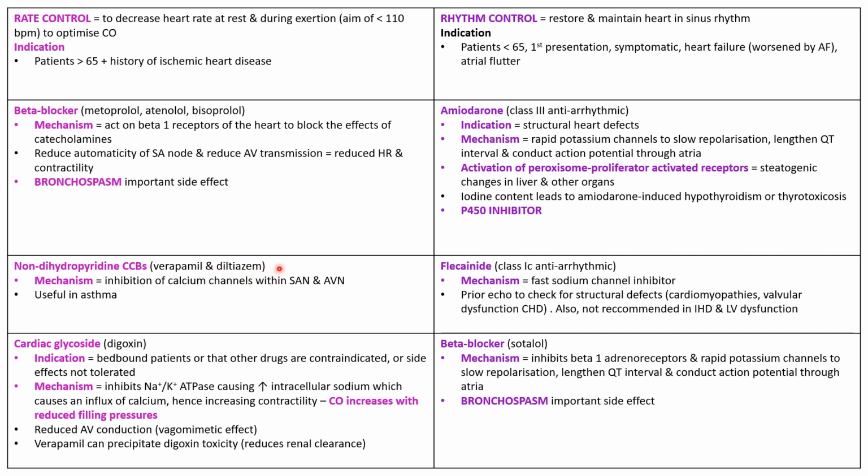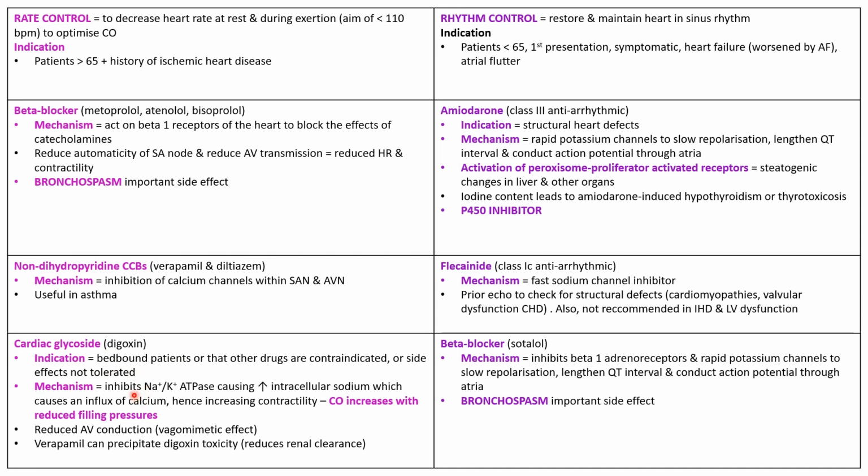So they're within the class of CCBs called phenylalkylamines, and they inhibit calcium channels within the SAN and the AVN, and they're particularly useful in asthma because they're not going to cause that bronchospasm caused by typically beta blockers.